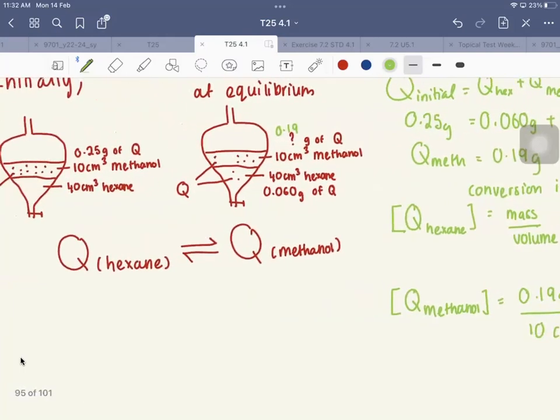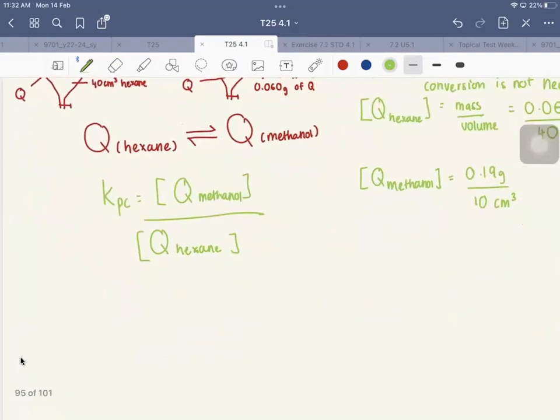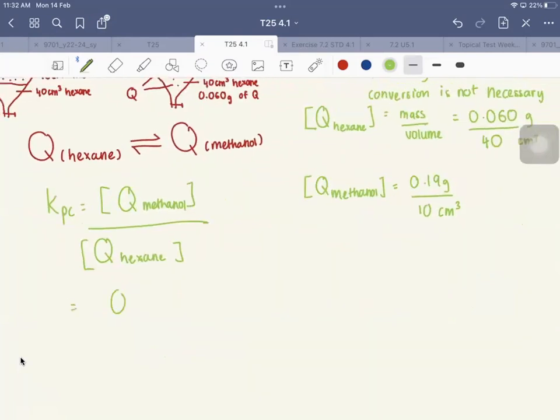Okay, and your KPC has to be in the correct order. Top equation is Q in methanol over concentration of Q in hexane, which is 0.060 grams over 40 centimeter cube divided by 0.19 grams over 10 centimeter cube.